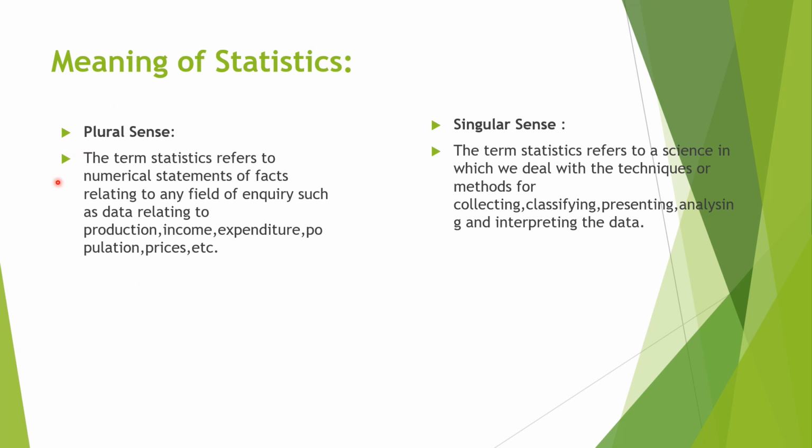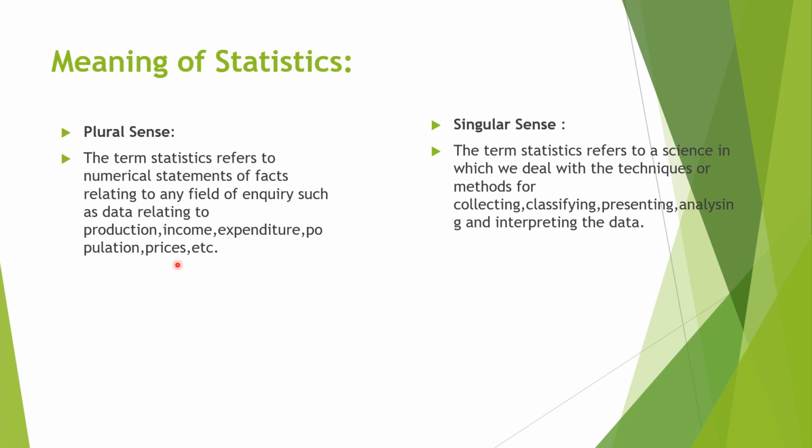In the plural sense, the term statistics refers to numerical statements of facts relating to any field of inquiry, such as data relating to production, income, expenditure, population, prices, etc. This plural sense meaning is very similar to the dictionary meaning of statistics.